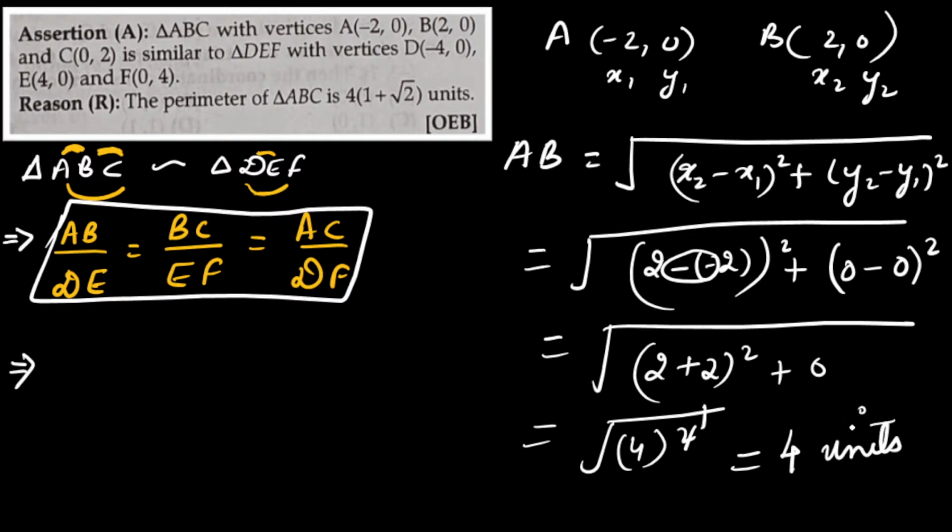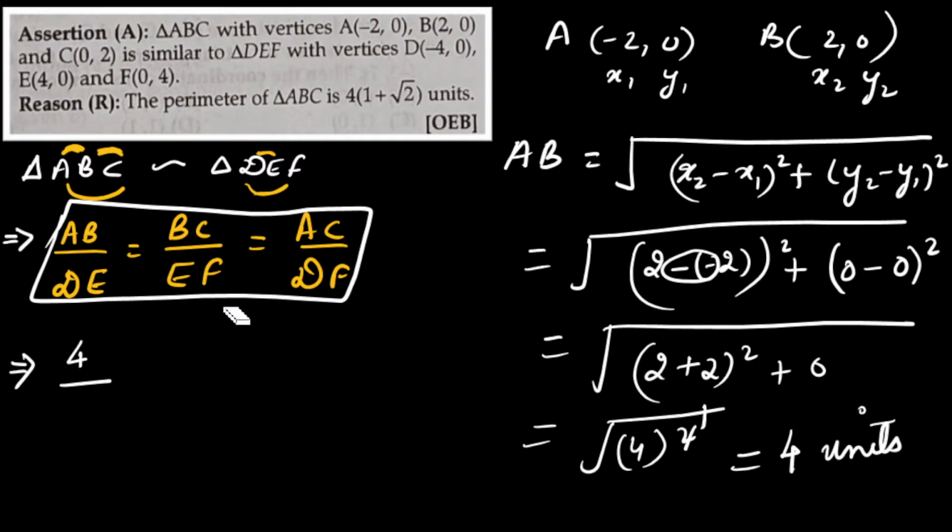So AB is 4 units. I'm just writing its value 4 in place of AB. AB is 4 units.